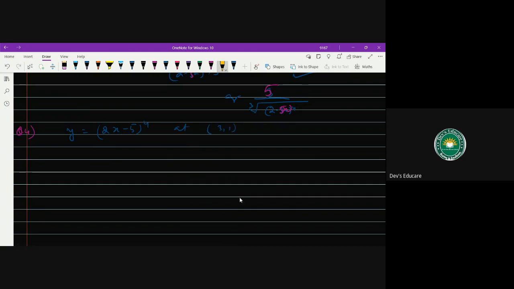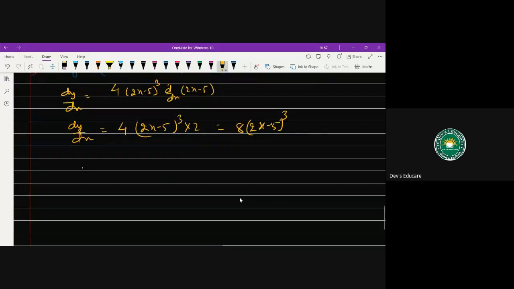Okay, so dy by dx, gradient means slope, that is dy by dx. 4 times 2x minus 5 cube, derivative of 2x minus 5, so dy by dx equals 4 times 2x minus 5 to the power 3 into 2 equals 8 times 2x minus 5 to the power 3.